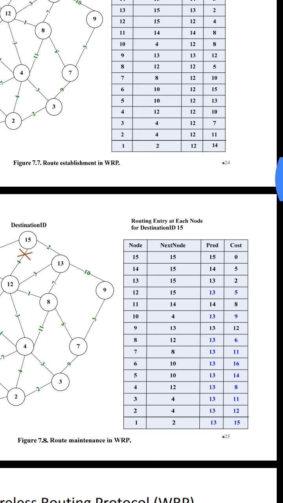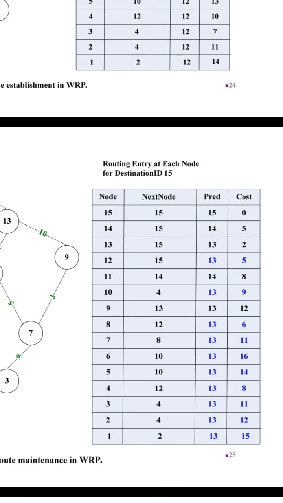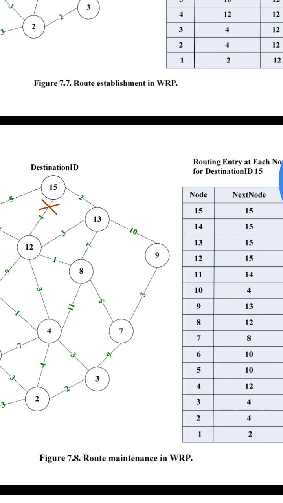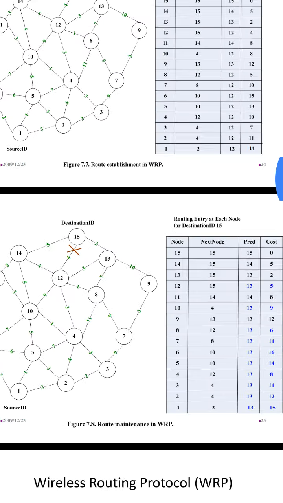Whatever entries use 12 as the predecessor, all these entries are modified. Whatever nodes have 12 in the predecessor column, all those nodes are updated. That is the way we update the routing table.